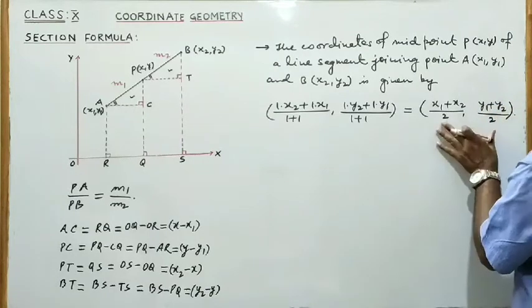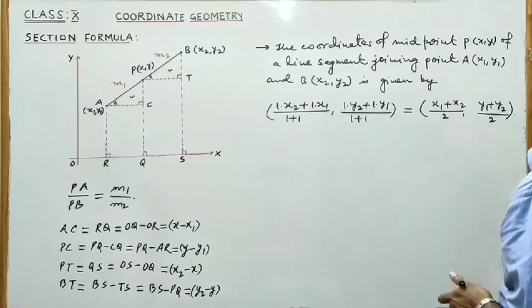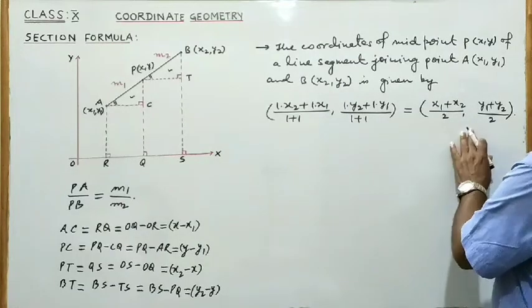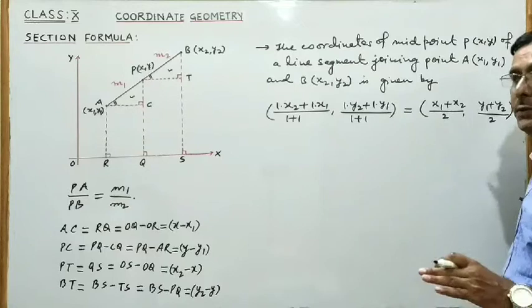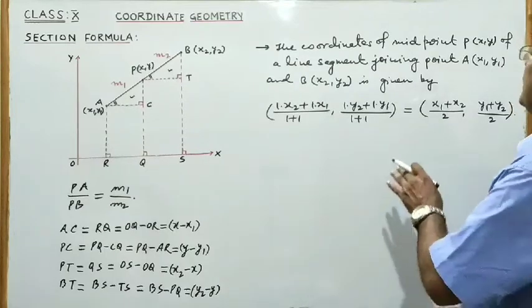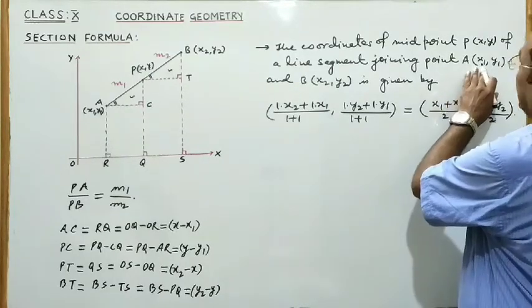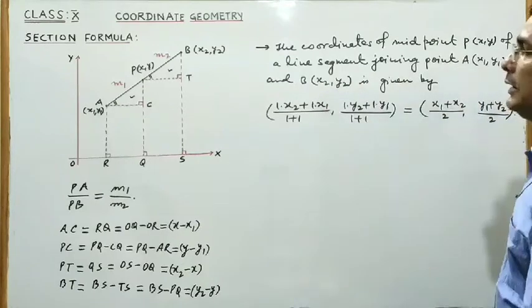This is the coordinates of the midpoint of the line segment joining points A (x1, y1) and B (x2, y2).